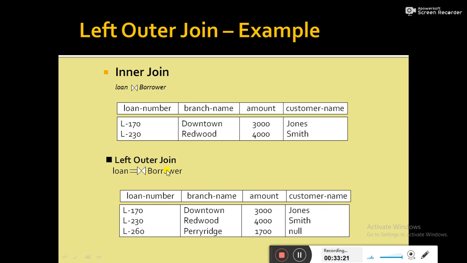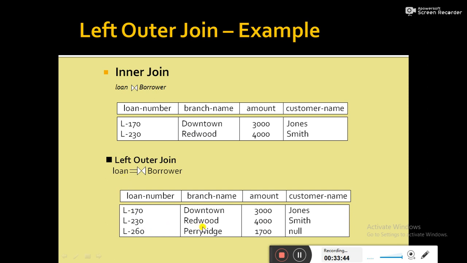After the natural join operation, the left outer join selects all the records from the loan relation that are not matched with the borrower relation, and it also includes them in the result.